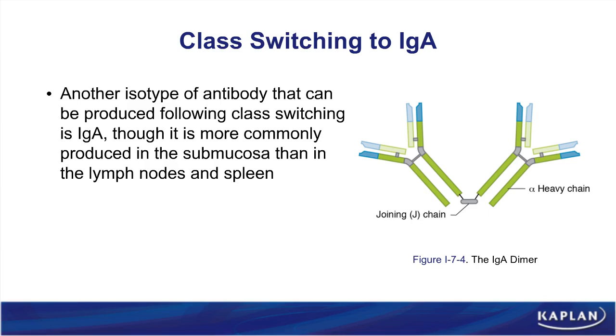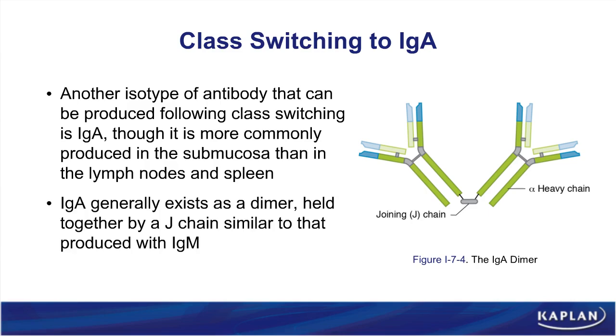So I always say, if you're thinking IgA, think anywhere that is wet and or sticky, and you will find your IgA. Now, IgA is typically produced, secreted, and assembled into a dimer. And the dimer is held together by a joining chain. This is the same joining chain that is utilized in order to establish the pentameric IgM.